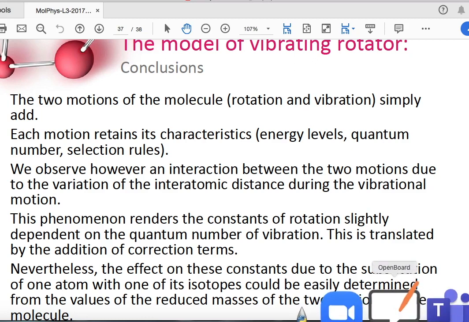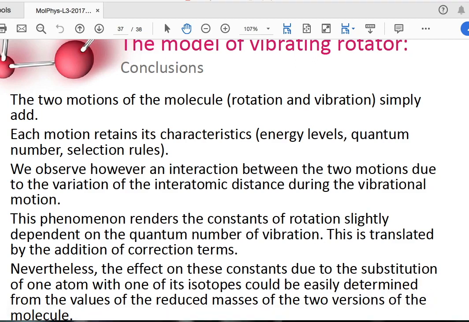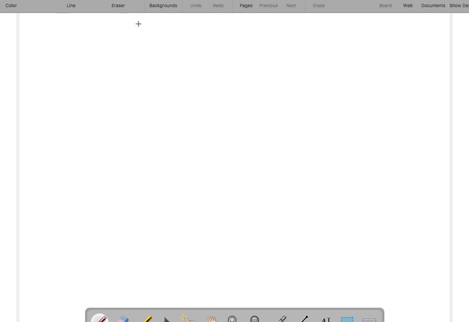However, to make things a little bit clearer, let's try to summarize things this way. So the biggest model is rotation, vibration, right? Great. Now, we have seen that there are two cases.